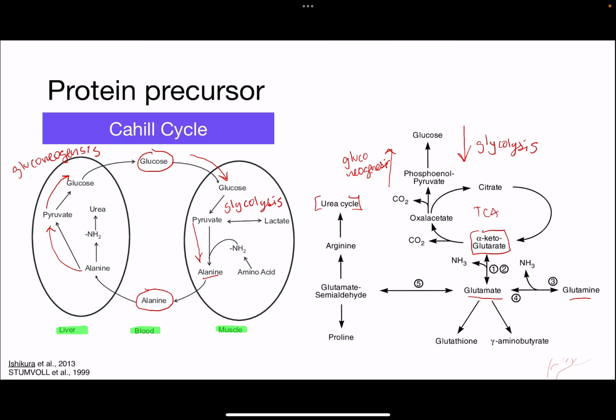You'll notice that this is anaerobic, because this pyruvate could go to a TCA cycle, but instead is being turned into alanine, and then alanine is being used to make more glucose. So we're actually making less ATP, but we're maintaining blood glucose.